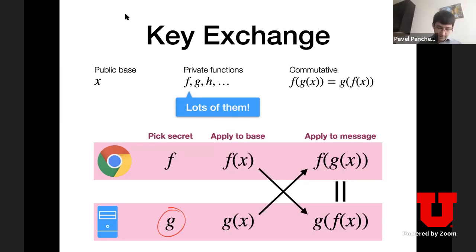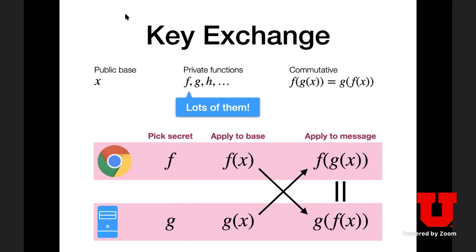It makes it up. So for example, in the specific crypto systems we'll be talking a little more about as we go through these slides, this set of private functions is identified by a 256-bit number. And so the server makes up 256 random bits, and that is its G. And the browser does the same thing on its machine, and now you have an F and a G. And it generates them in such a way that they are inverses always?